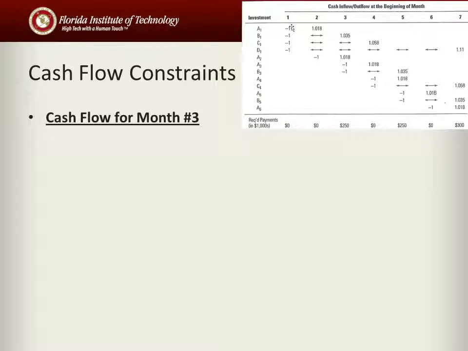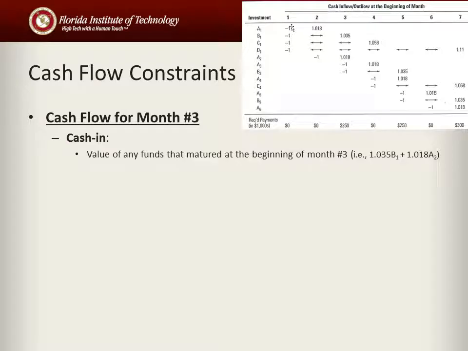The cash flow constraint for month number 3, again, follows that formula where cash in equals cash out. In other words, whatever cash in we receive at the beginning of month number 3 is going to equal the cash out, the amount that we want to reinvest.